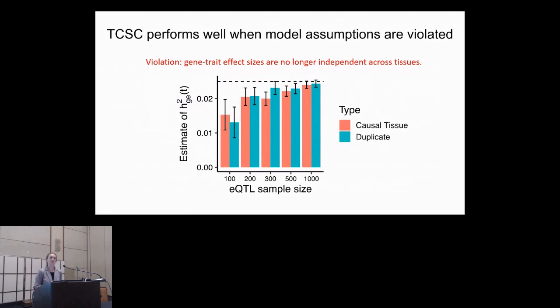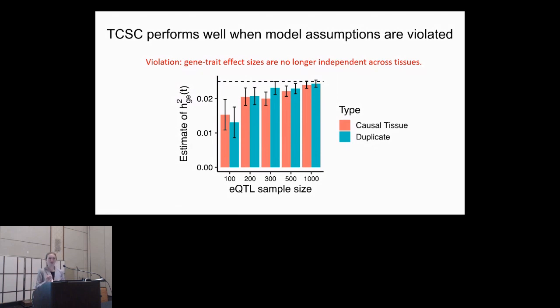Now, one might think, okay, maybe there's something artificial about the way that TCSC is saying one is causal and one is not. So what might be going on here? To answer this question, we went back to simulations and asked what happens in TCSC when the model assumptions are violated.